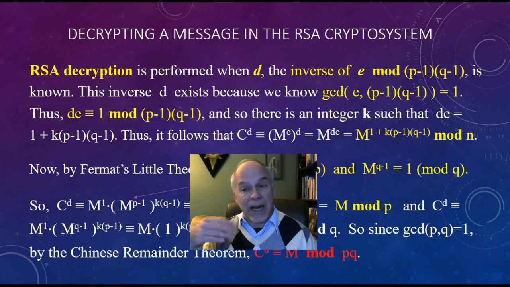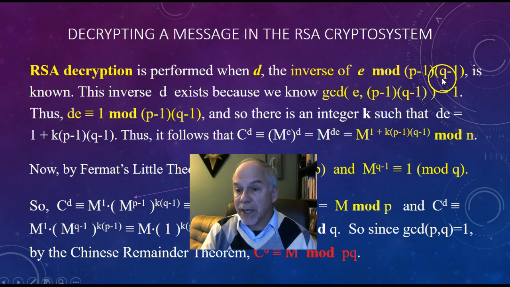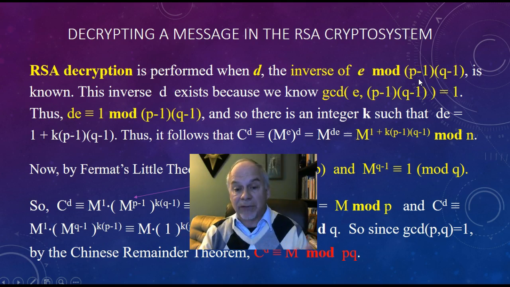But you can't find the inverse of E unless you know what this P minus 1, Q minus 1 is, which means you'd have to know what P and Q are. And that's what keeps it secure, because only the recipient of the message will know what P and Q are.